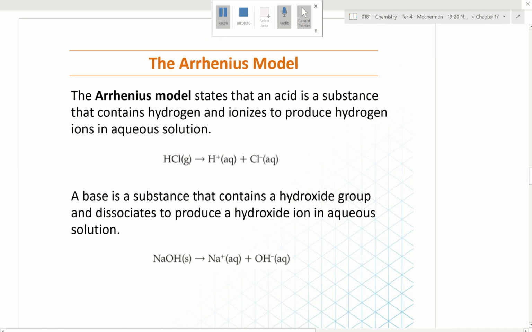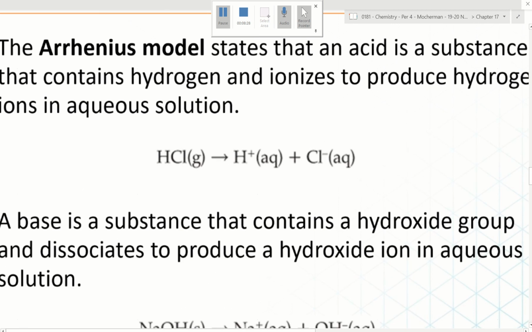So there are three models that we have historically used to talk about acids and bases. The oldest model is the Arrhenius model, and it states that an acid is a substance that contains hydrogen and ionizes to produce hydrogen ions in aqueous solution. That's a kind of long, drawn-out definition, but basically Arrhenius said that if this thing produces H+ in solution, it's an acid.